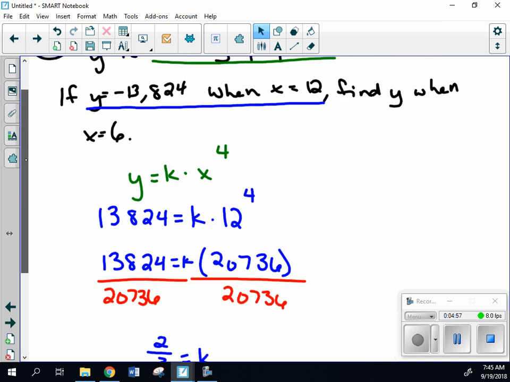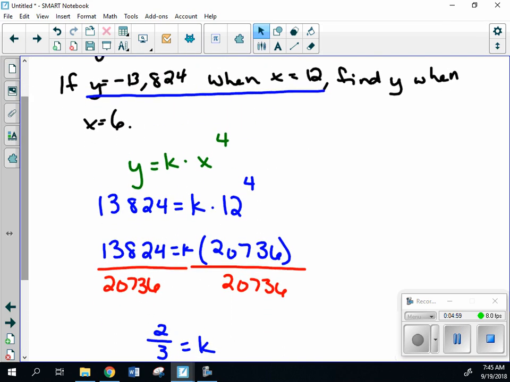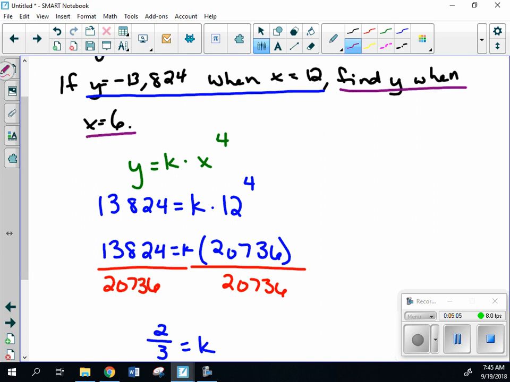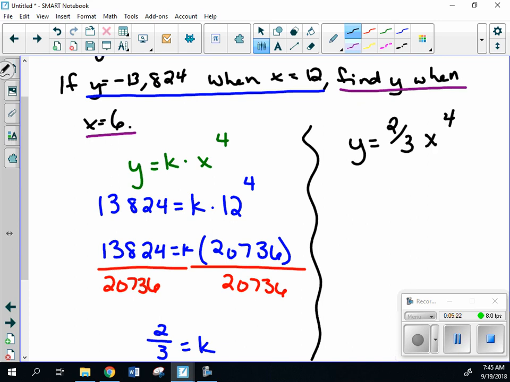So now that we've got that, we are going to look at find y when x equals 6. So we've got this equation. You could just keep going down in your notes if you want. I'm just going to go off to the side so we can have everything all in one spot. So this is our direct variation equation now that we have solved for the k.